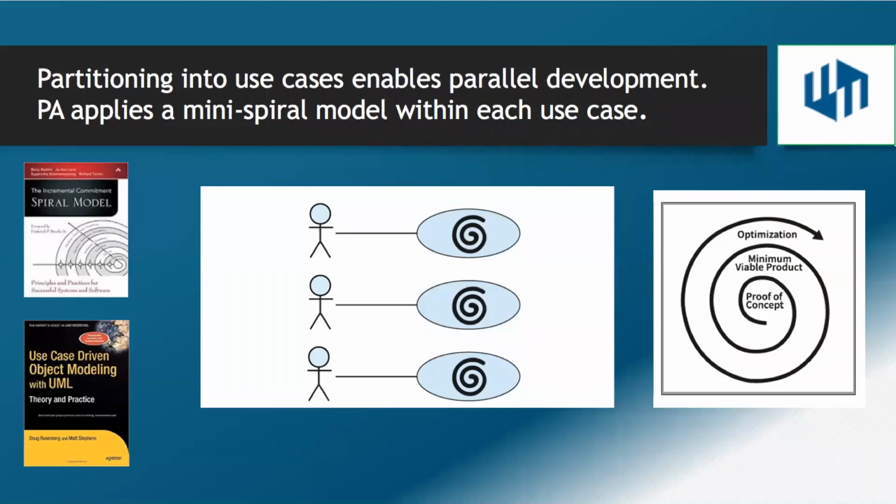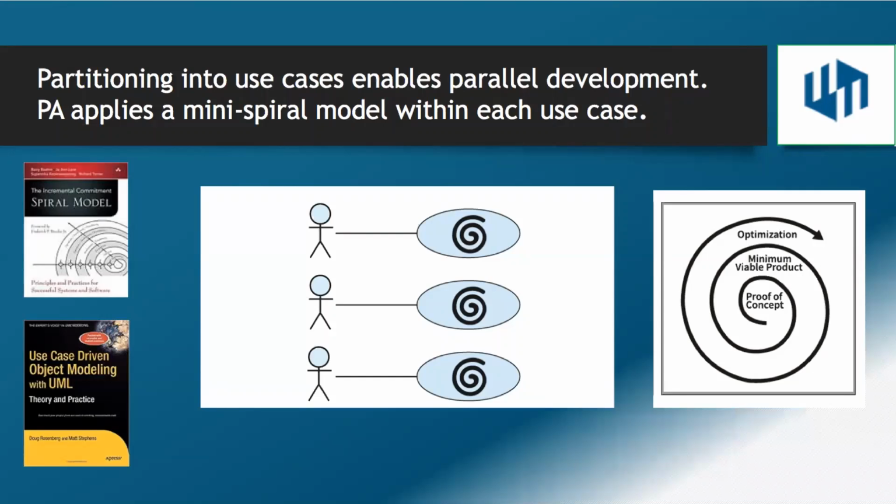So I've been fortunate to have been working with Barry for a few years now. The spiral model was really developed as an overall life cycle model for a large project, actually very large projects. And the twist that we've done with Parallel Agile is we've taken the spiral and simplified it. So it goes into just this 3-phase proof of concept, MVP, and optimize spiral.